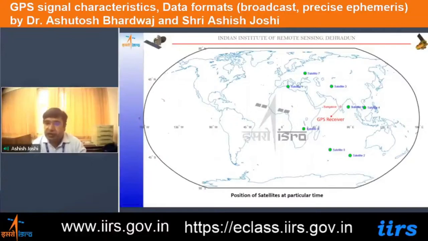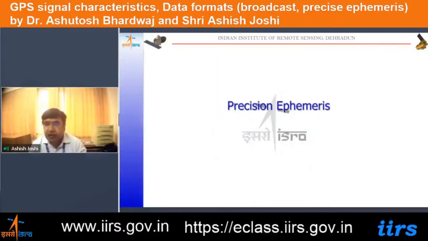This is the visualization of the different satellite positions at a particular time. The RINEX format file is something we can get from the GPS receiver. It has the navigation parameters based on that particular time, but those are not exactly precise.